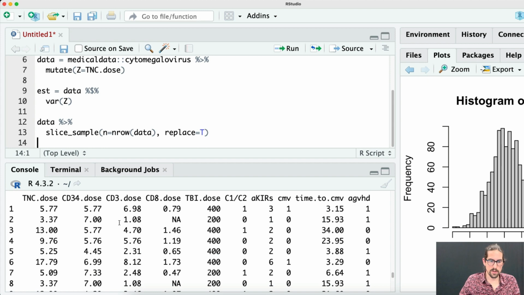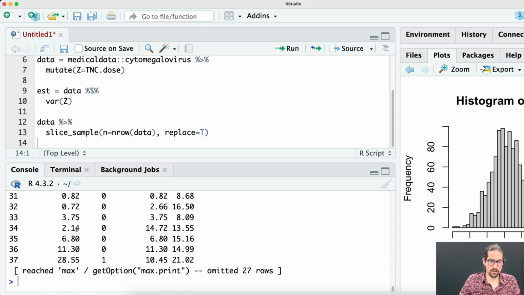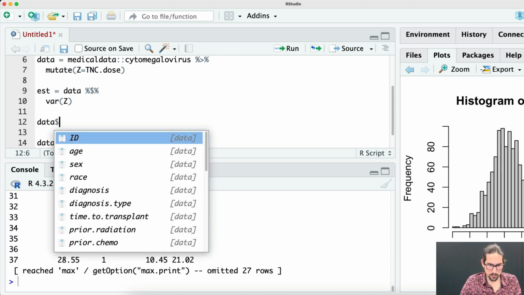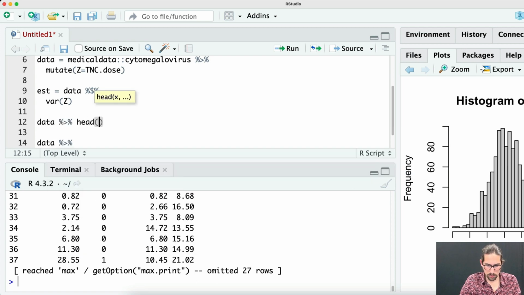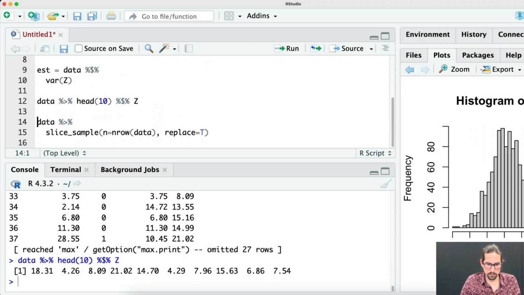We have all the same variables. It's just that what row is different. Here it's kind of hard to see, so let's look at the first 10 values of z in the original data set.